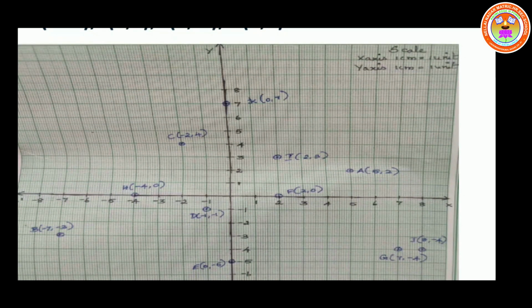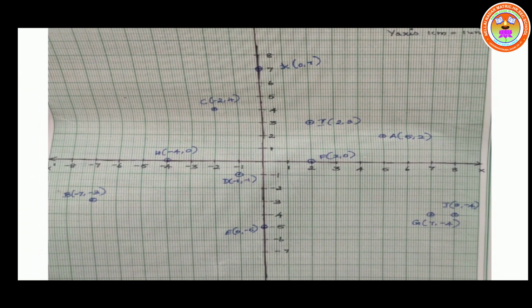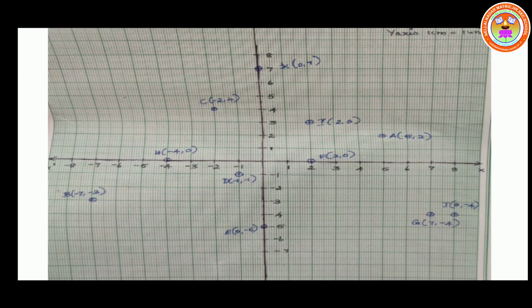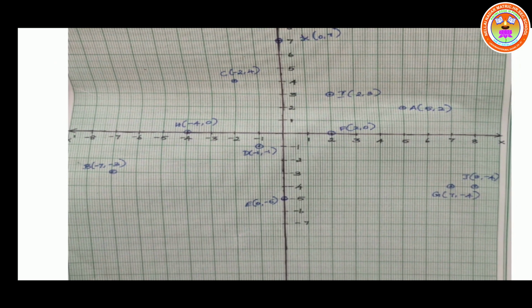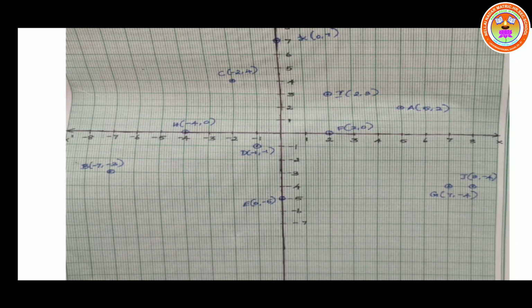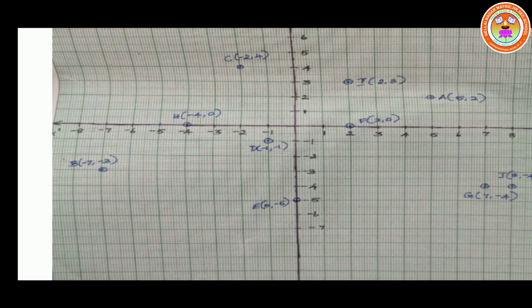Next, B is minus 7 comma minus 3. Minus 7 is the value of x, so a negative value, so minus 7 on the x-axis and minus 3 on the y-axis. The meeting point is denoted as B of minus 7 comma minus 3.